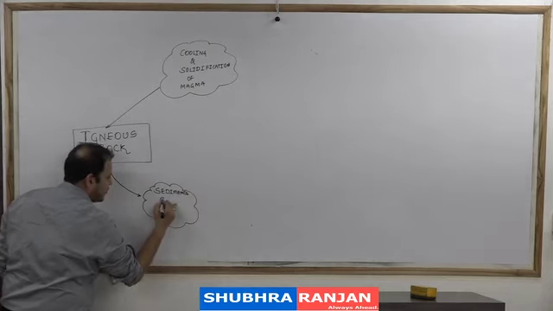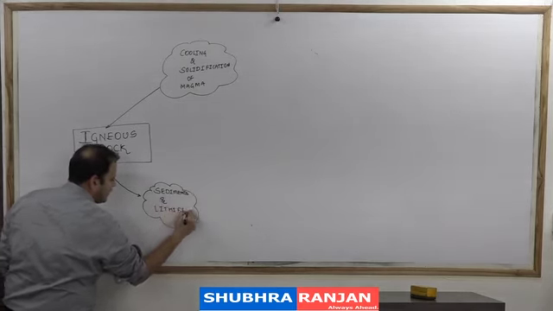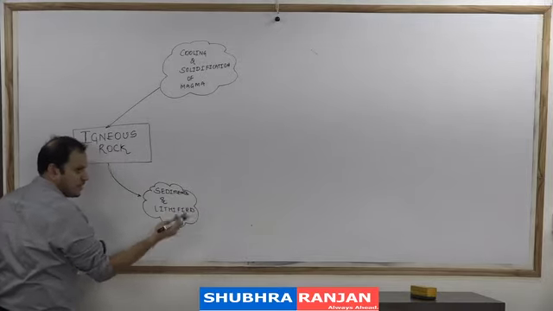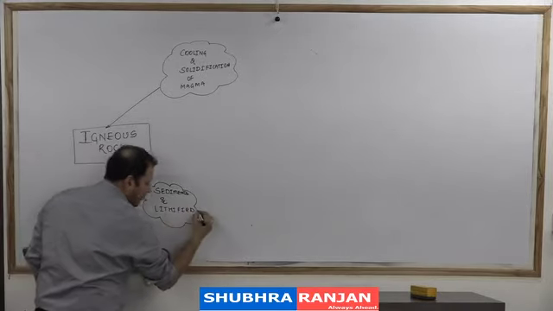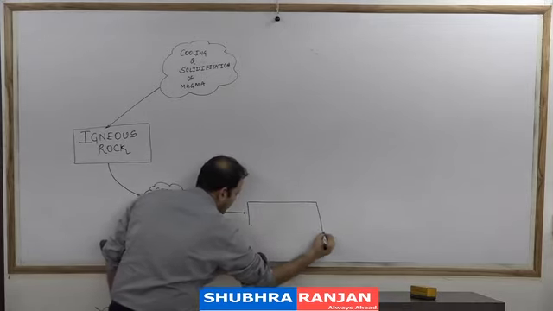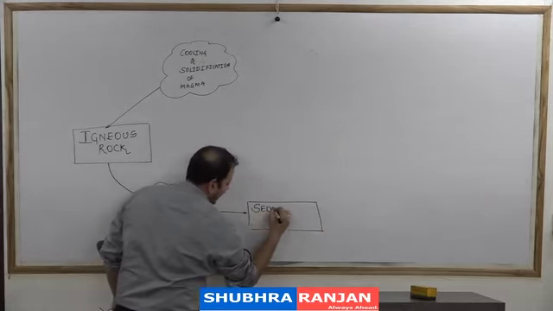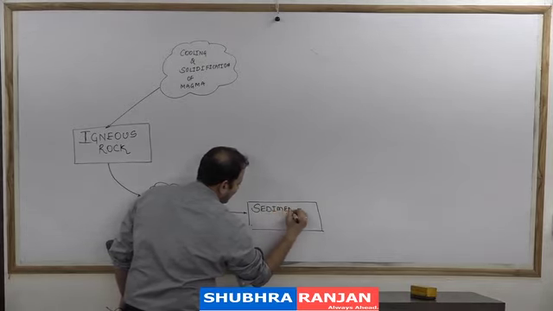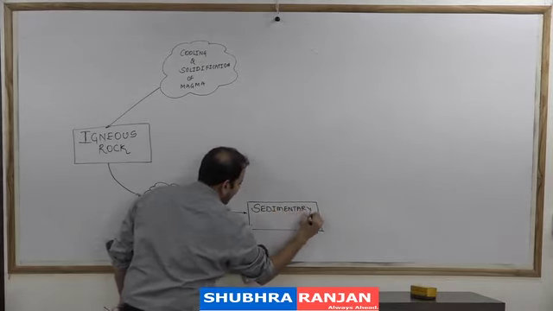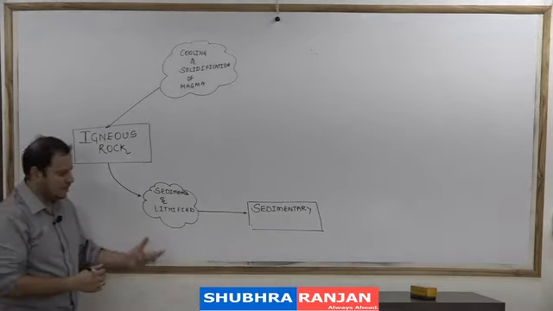And the sediments over the period of time will be lithified. Lithified, we have seen, compaction, cementation, to form which kind of rock? Which rocks will be formed? Lithification, sedimentation, in which? In the sedimentary rocks.